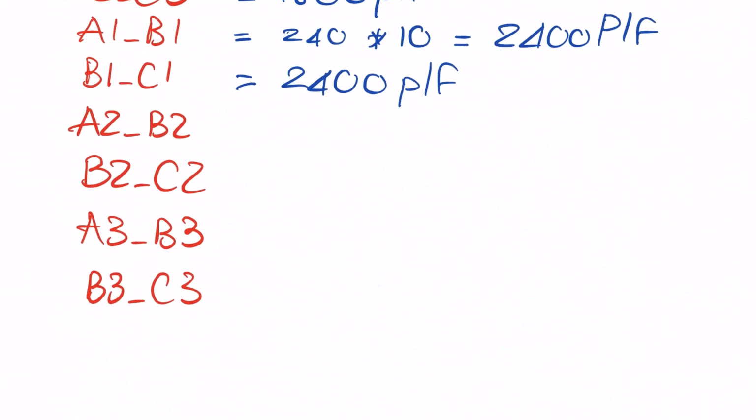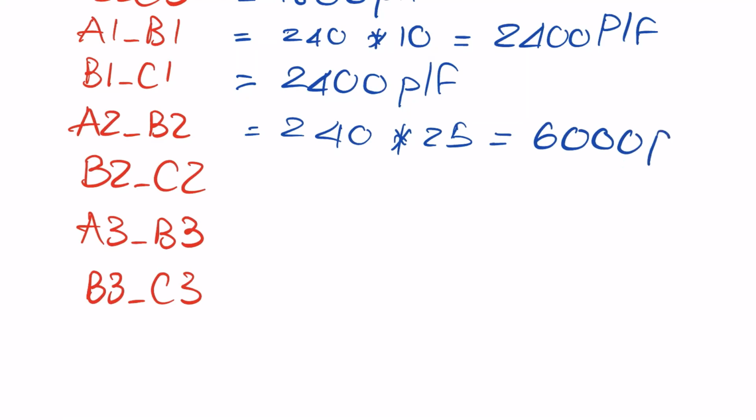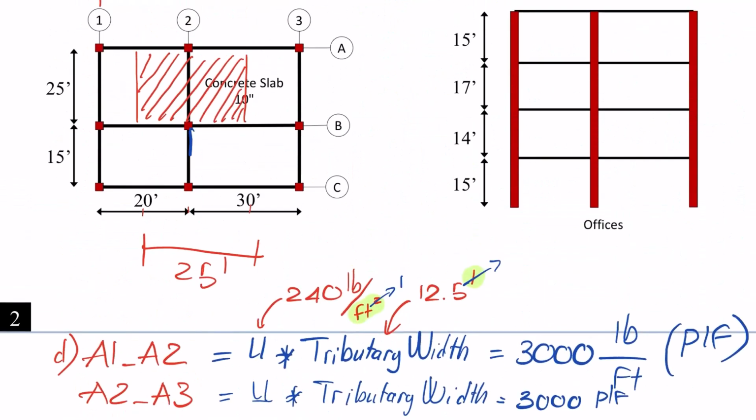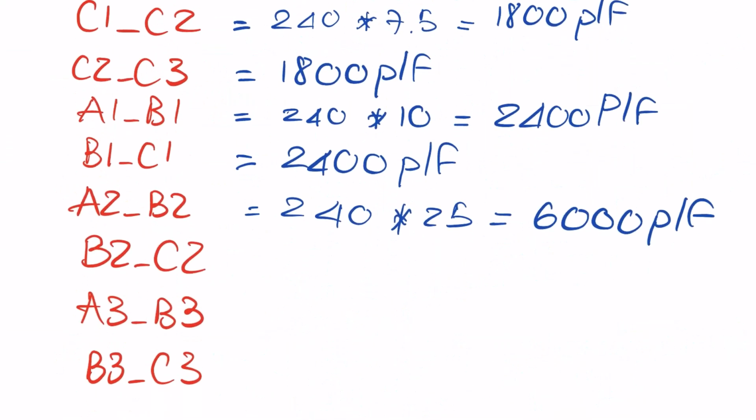So this one will equal to 2400 multiplied by 25, will be 6000 PLF. Similar like that, B2C2 we also equal to 6000 PLF.